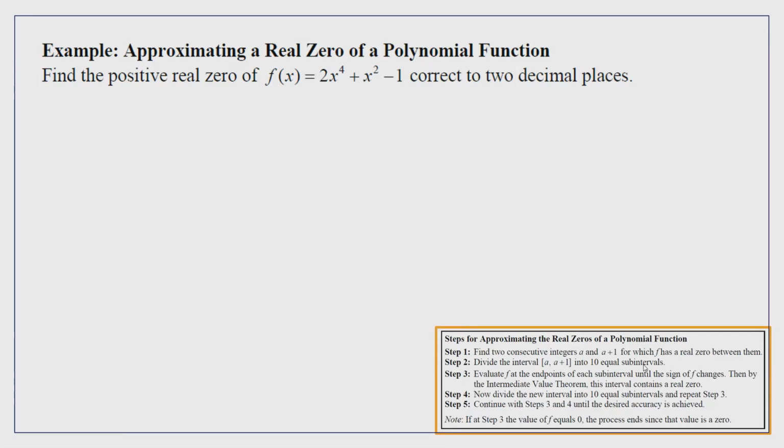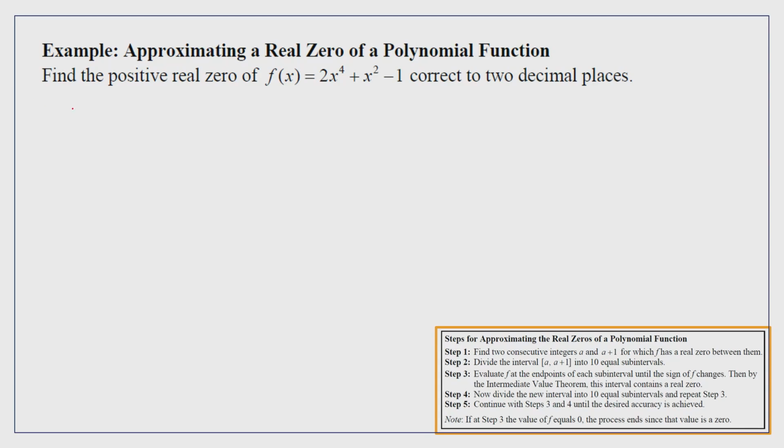So here in our example, we're asked to find the positive real zero of f of x equals 2x to the fourth plus x squared minus 1. And we know from our previous example that there exists a 0 between 0 and 1. That's how we use the intermediate value theorem to locate where that 0 exists, and it exists between 0 and 1.